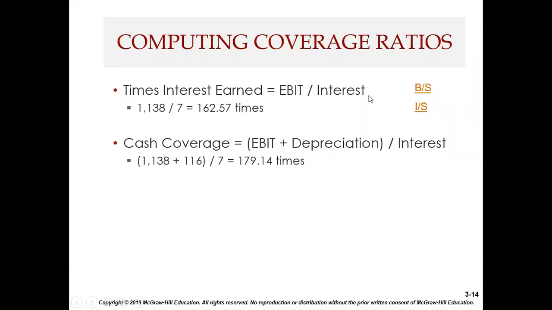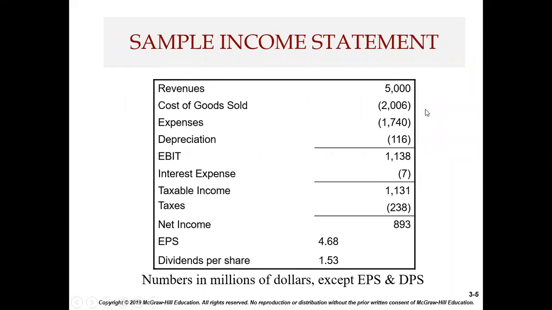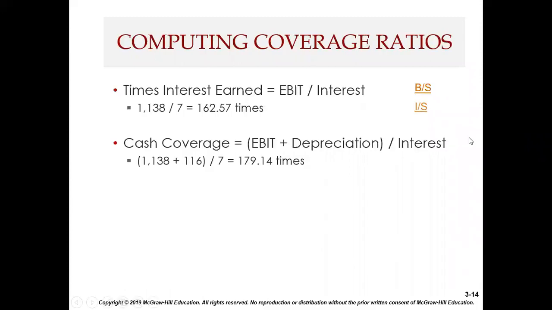So if we go to our income statement from that previous slide, earnings before interest and taxes are $1,138. So we take 1,138 and we divide it by our actual interest expense we had for this time period, and that was 7.